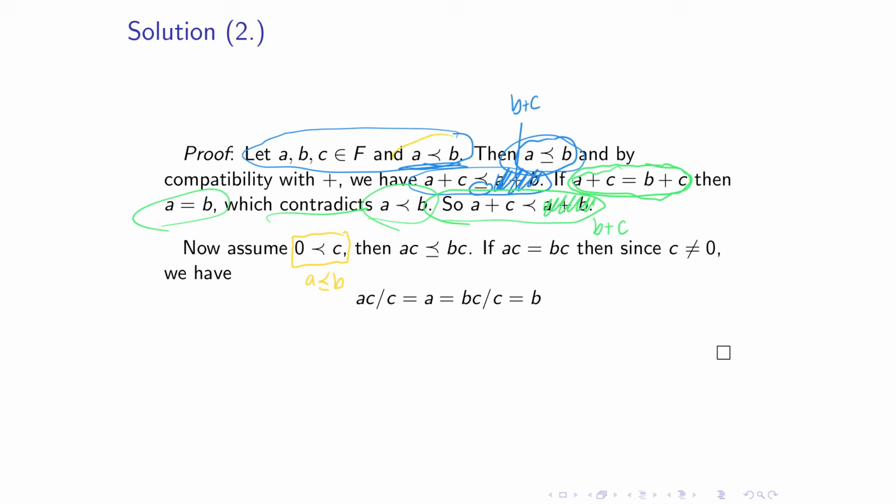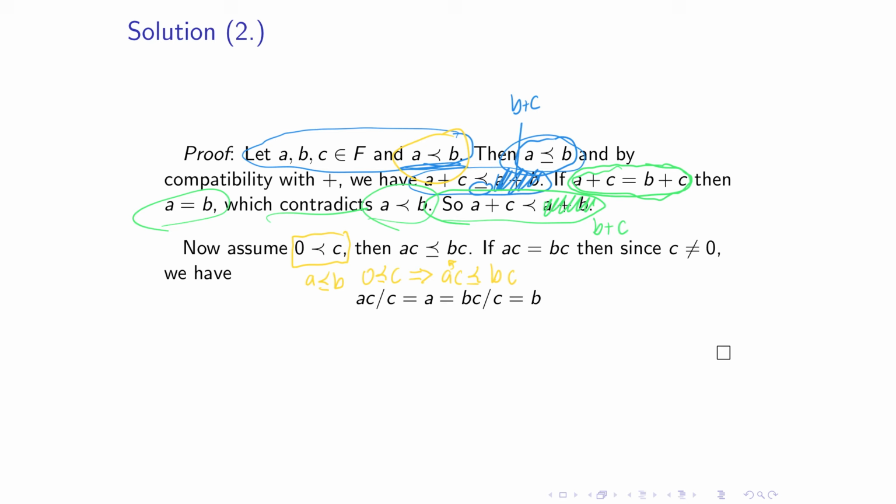We also have that 0 precedes C, and then by compatibility with multiplication for precedes-or-equals, we get that AC precedes-or-equals BC. So that's where this part comes from.